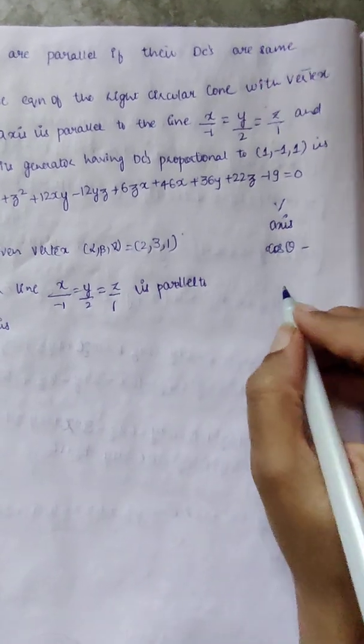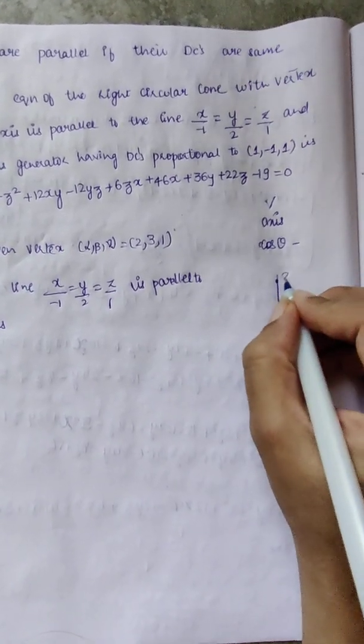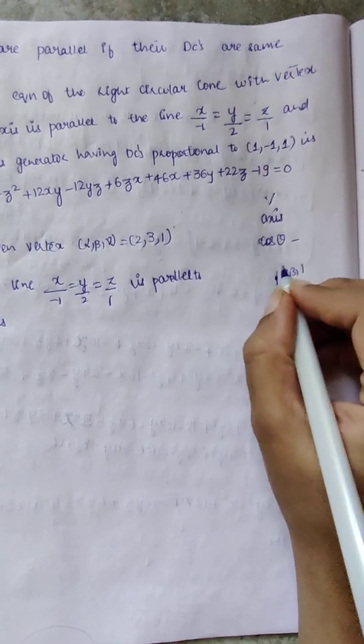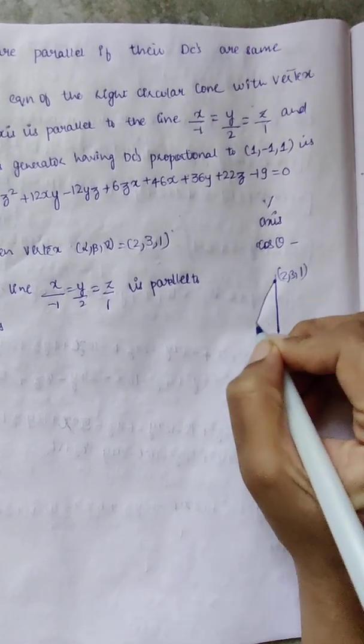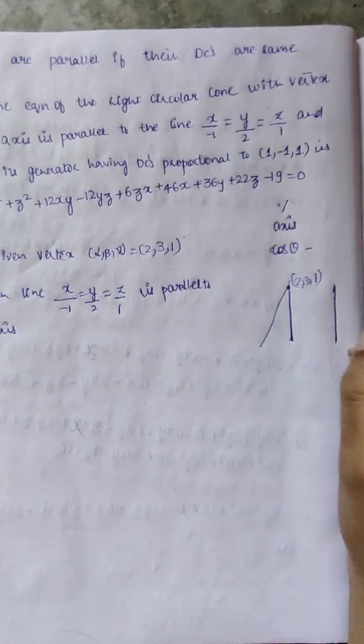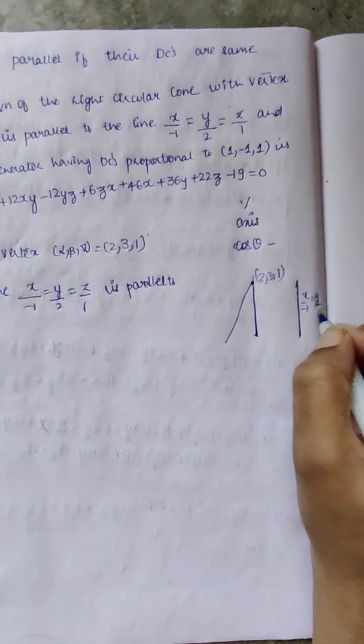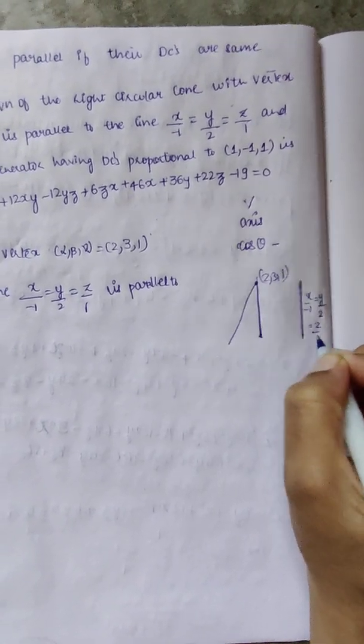So now, for the right circular cone, the vertex is (2, 3, 1) and this line is parallel to the other line. This line reads as x by -1, y by 2, z by 1.